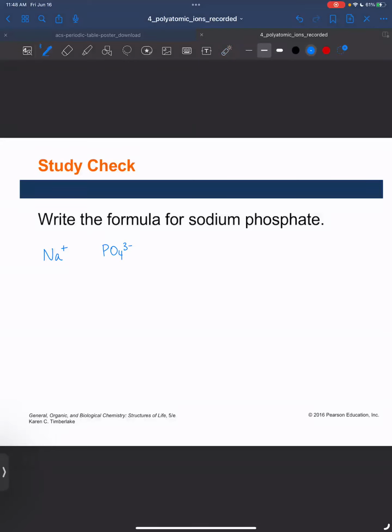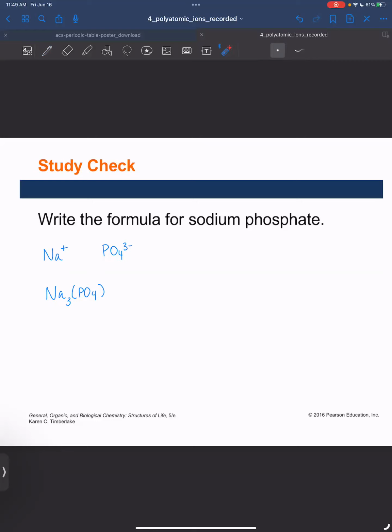So once again, write the elements without the charges and put parentheses around the polyatomic ion before we do the crisscross rule. The 1 goes outside of the phosphate, outside the parentheses, and the 3 goes next to the sodium here. So we have Na3. And this is where you would not need parentheses.